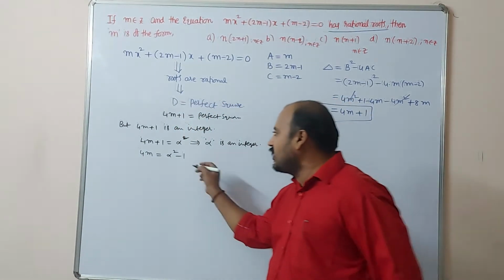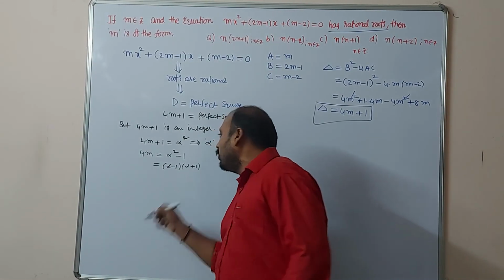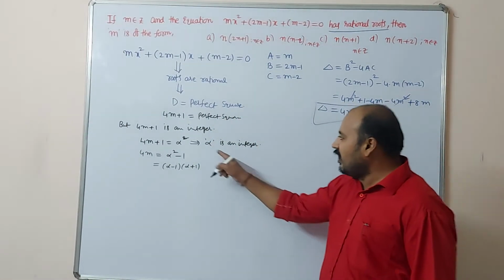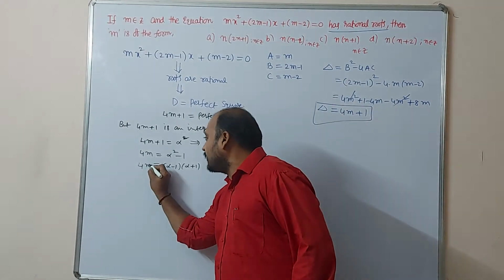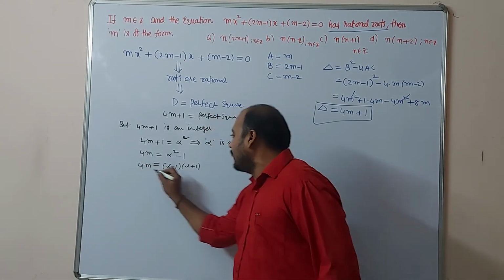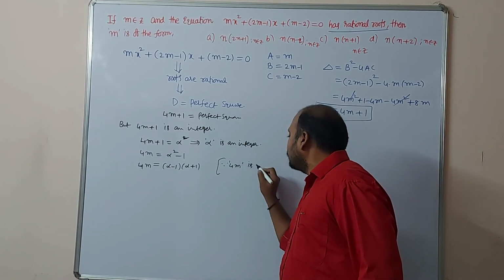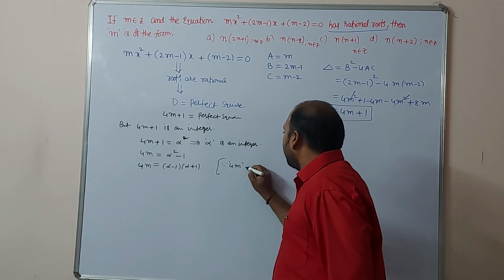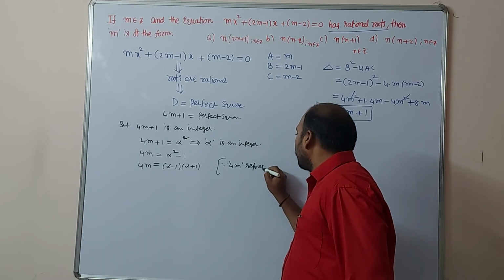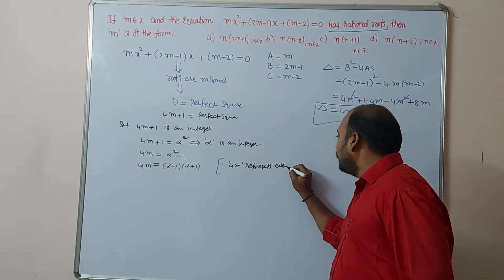Alpha square minus 1 can be written as alpha minus 1 into alpha plus 1 only, no? Whenever alpha is an integer, here 4m represents it is an even integer.